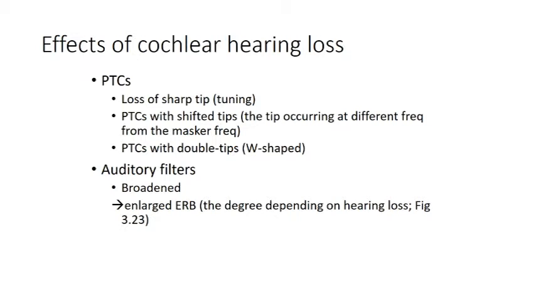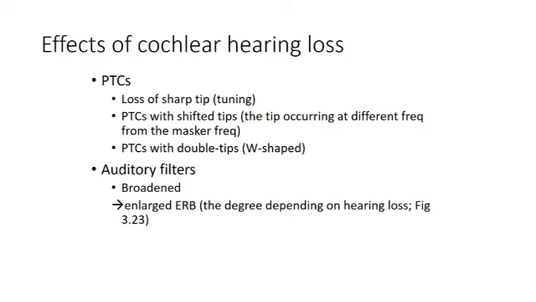Someone with cochlear hearing loss may have a broadened bandwidth of the auditory filter, or in other words, ERB, which is equivalent rectangular bandwidth. Remember, when two tones are played, if the two tones are falling into one single auditory filter, then we do not perceive them as two separate tones, but rather one tone.